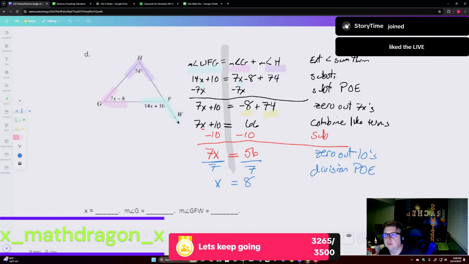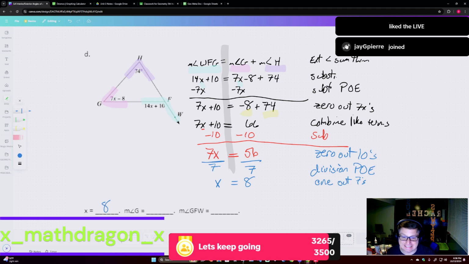Okay. All right. My mental math is checking out. Sweet. And we did that because we want to 1 out the 7s. We want these to disappear, so we get x by itself. So x equals 8. Now, angle G: 7 times 8 minus 8. So we just said this was 56 minus 8. That will be 48. Okay.